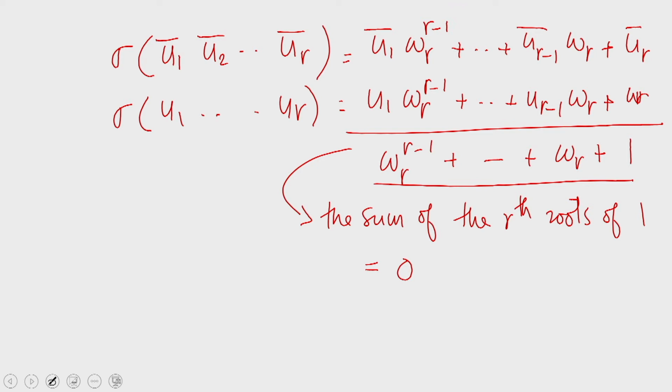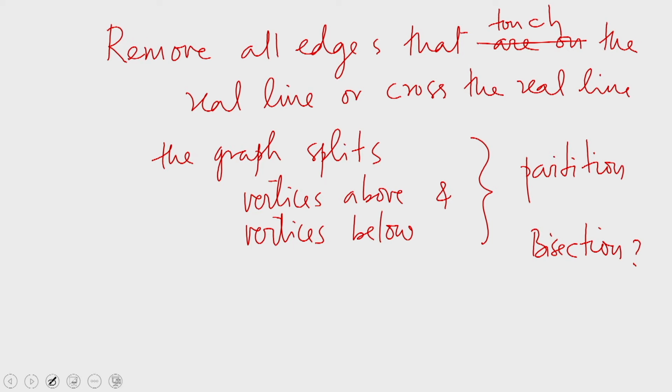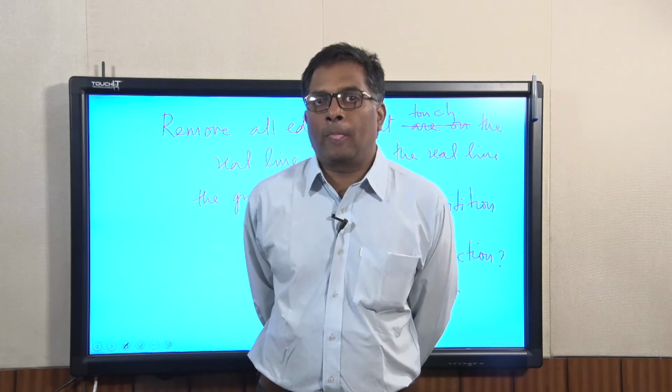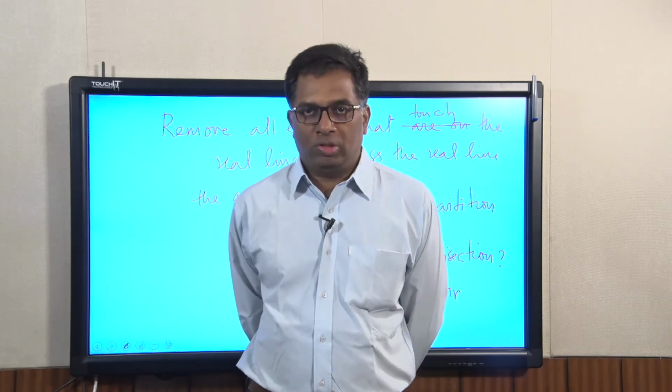So, putting this together with our earlier argument, we find that the bisection width of a shuffle exchange graph of dimension r is order of 2 power r by r. Or in other words, if r equal to log n, we have a bisection width of order of n by log n. So, shuffle exchange graphs like hypercubes have this nice property. They have a small diameter and a large bisection width.